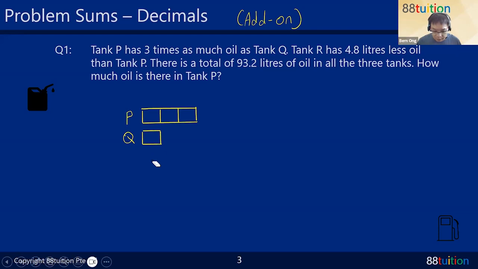So that is the model for this first line: P has 3 times as much as Q. Next, R. R has less than P. I don't read the 4.8 yet, because when I read the 4.8, I feel afraid. So I just read the more important thing. R has less than P. So in this case, R must be shorter than P.